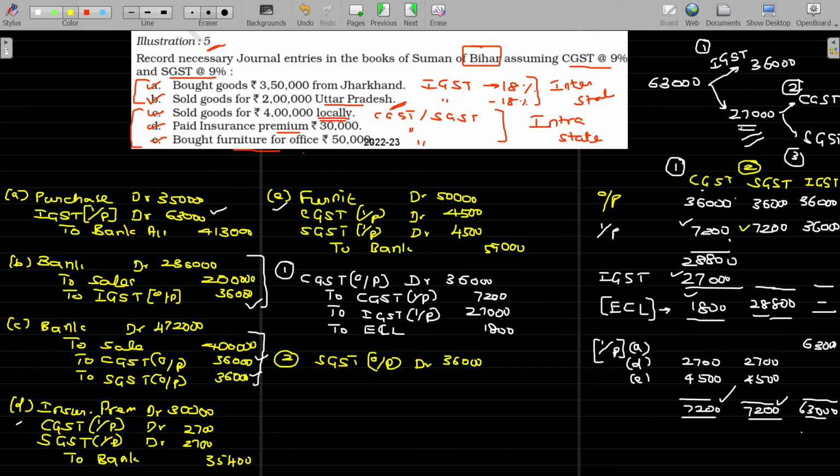How much is already paid out of the same tax I have as input to SGST? The amount available here being 7,200. Whatever the shortage may be can be paid out of the electronic cash ledger. This value being 28,800.